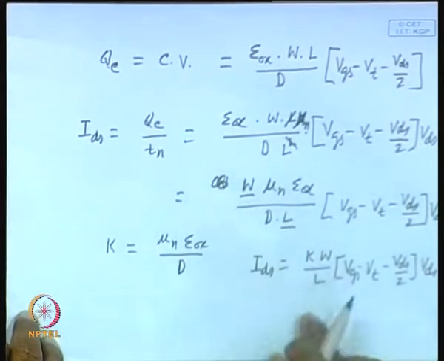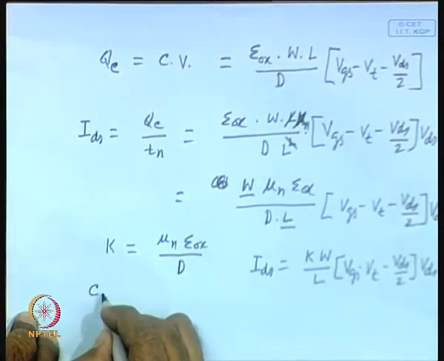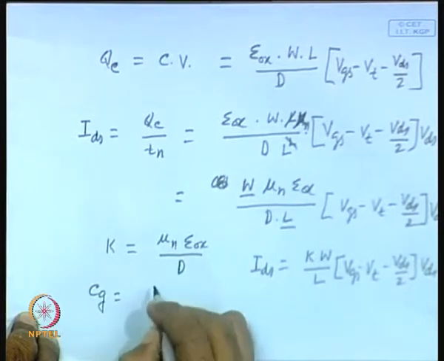We can also represent it in terms of what is known as the gate capacitance C G. What is the value of C G?